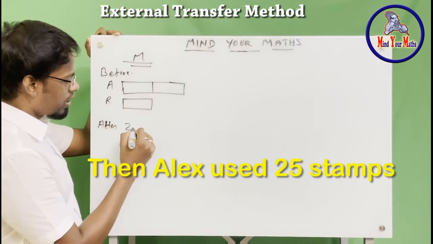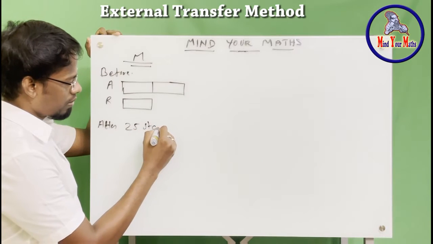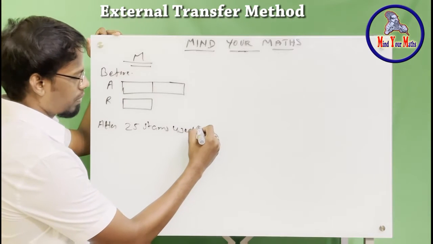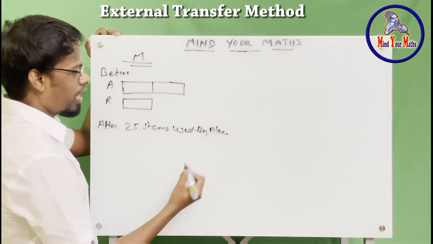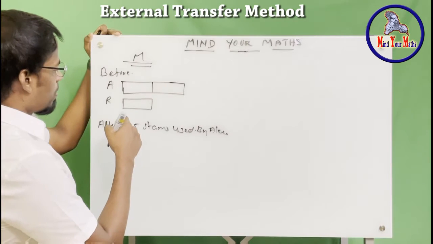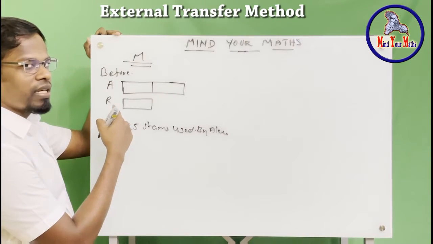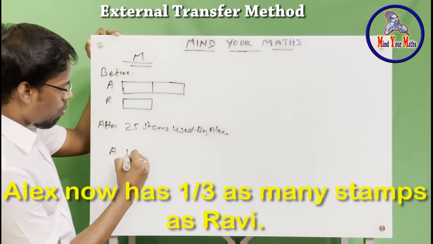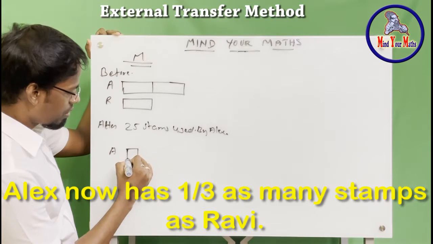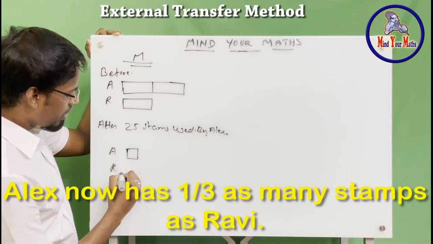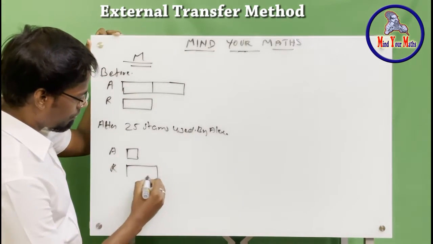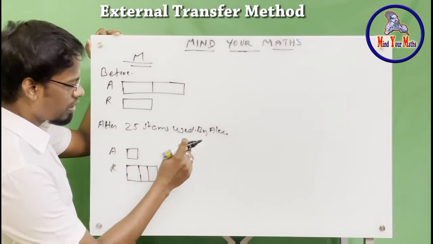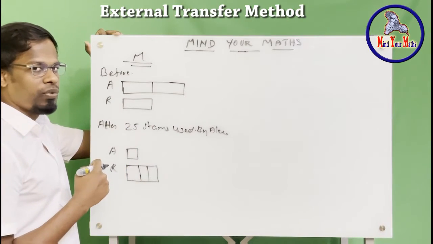Alex used 25 stamps. So now the ratio that they have is Alex had 1 unit, but Ravi had 3 units, after 25 stamps were used by Alex.